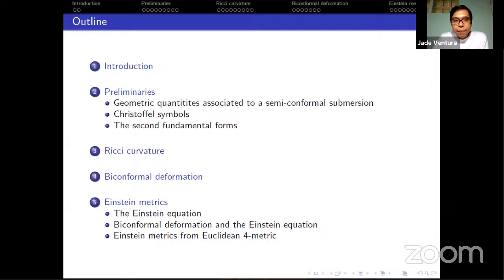So the main parts of this work are parts 3, 4, 5 of the current slide. But before going to the main portions, we give some preliminaries in part 2.